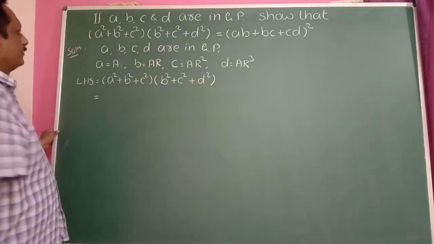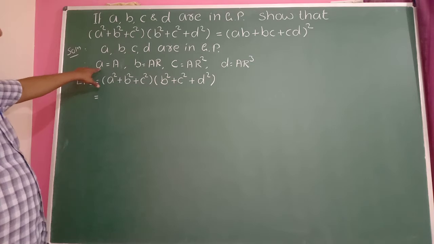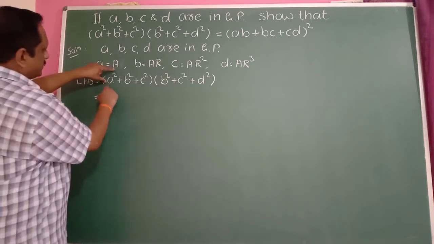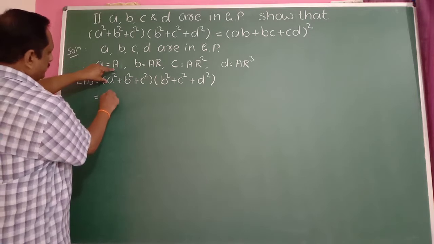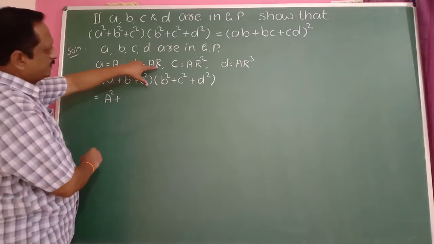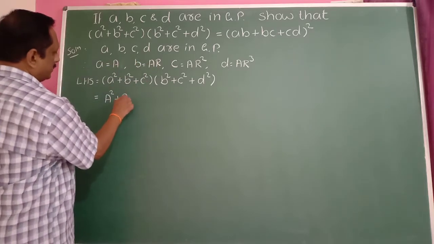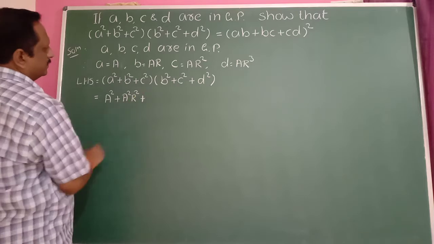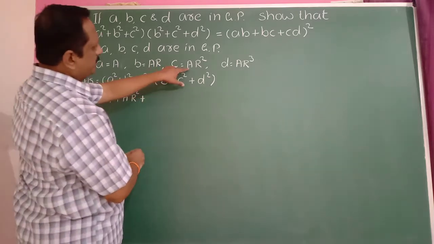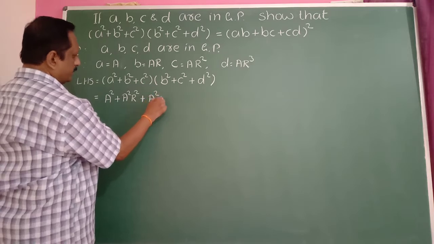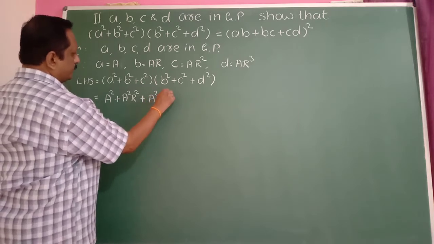Here a is a capital A, so it becomes a square. Then b square becomes a square into r square, plus c square is a square r to the 4.